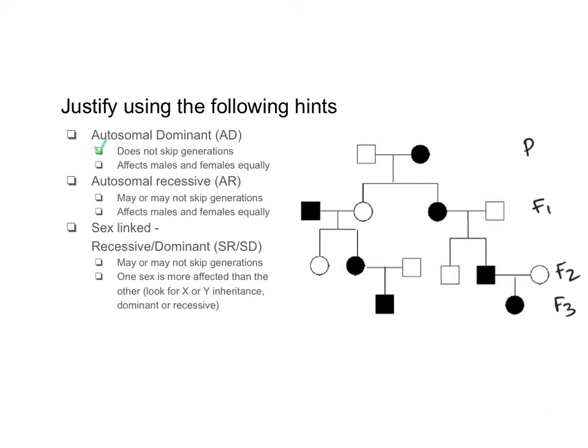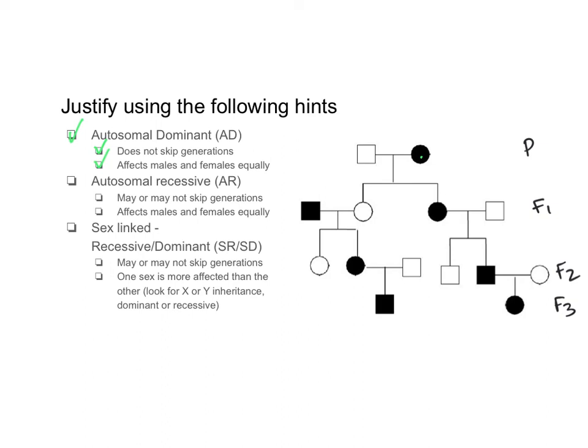Now, it may not necessarily be perfectly equal, but there are definitely instances of both males and females in this tree. So, for example, female, female, male, male, and it is not necessarily perfectly equal, but it is present in both males and females. So we are not going to eliminate autosomal dominant from this tree.